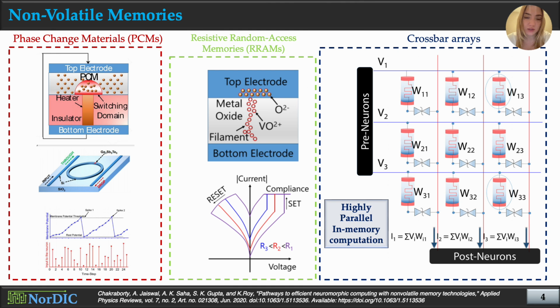Simultaneously, they mimic synapse dynamics by supporting a wide range of resistive states between the on and off conditions, resembling the different strength of synaptic connections in the brain. Furthermore, NVMs can be set up in a dense crossbar array, allowing for highly parallel in-memory dot product calculations needed for neuromorphic applications.